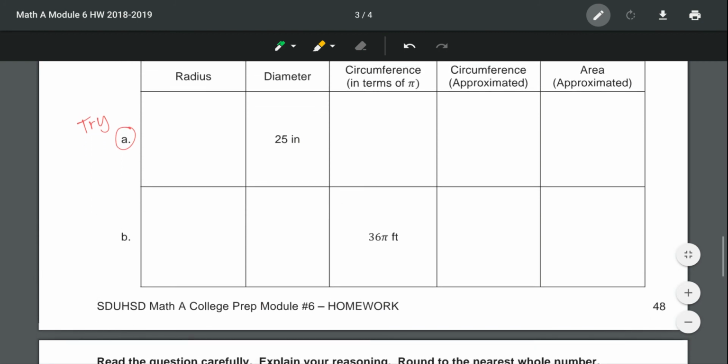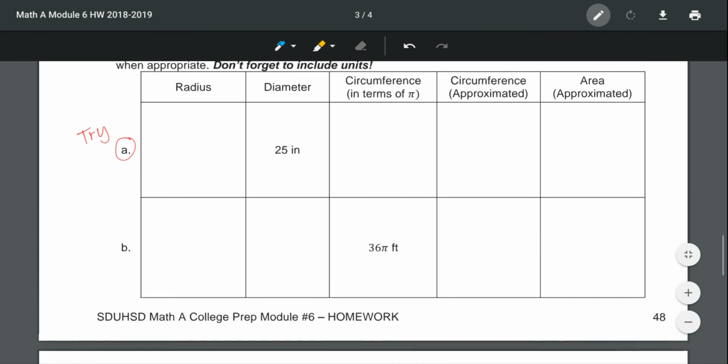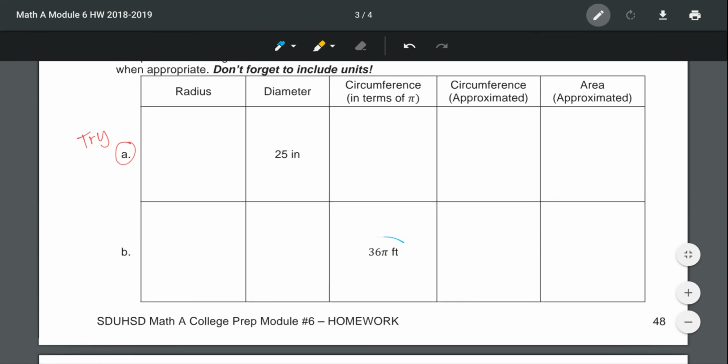So in 11B, you're told that the circumference in terms of pi is 36 pi feet. Okay, so remember that circumference is pi times diameter. When you leave pi in there, that means that this 36 here, just the 36, is the diameter.